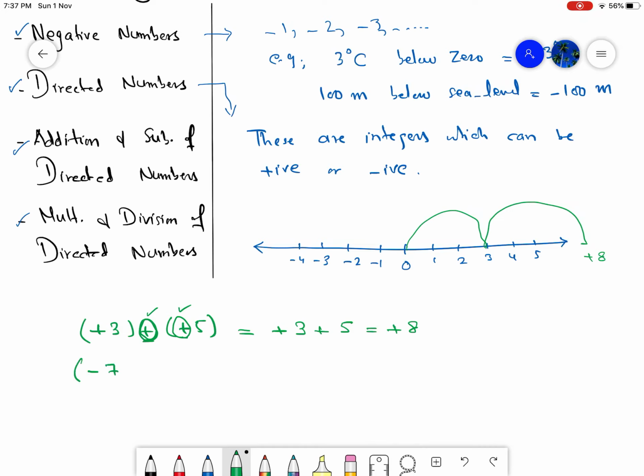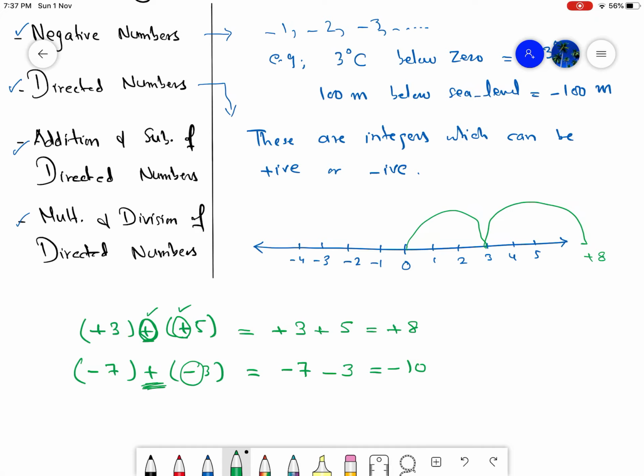Similarly, if we have a negative number, for example, -7 add -3. So again, it is basically -7, and again you can see that this is a positive sign before the bracket, so this sign will not change. So -7 -3. Both are negative numbers, so we have to add them. 7 and 3 is 10, but both are negative, so it is -10.